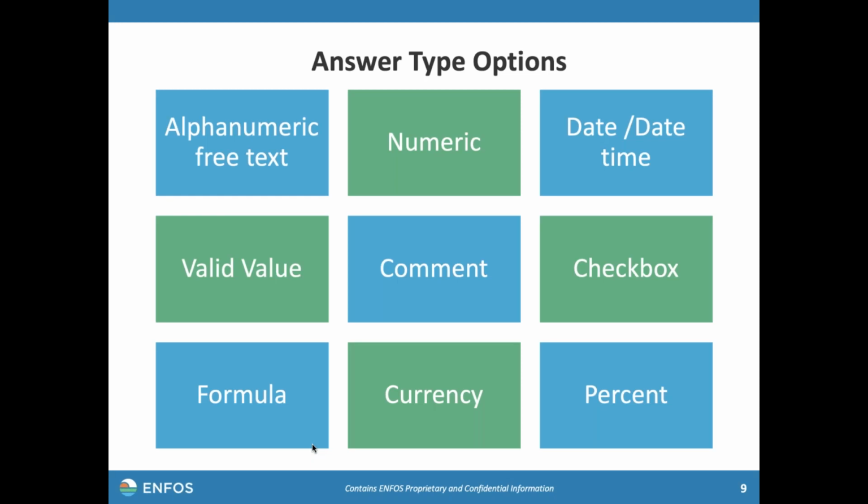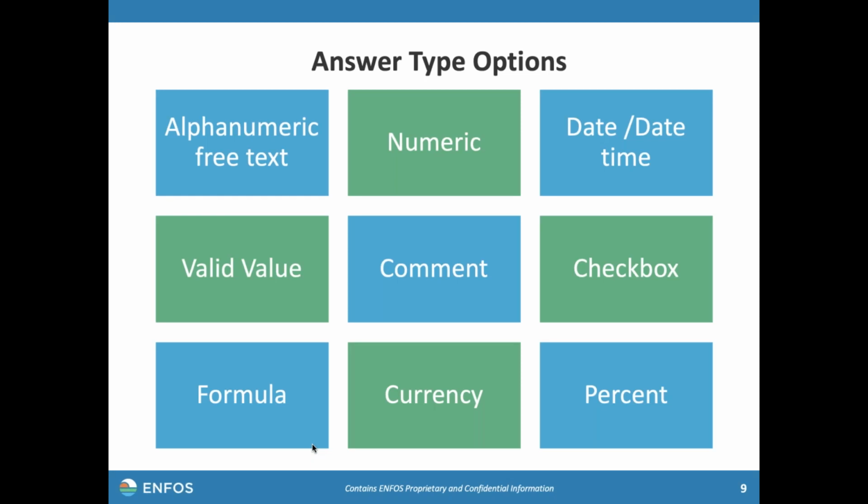The answer type defaults what option the user sees when answering the question, and this really helps control the type of answer the user can submit. And it helps with the data quality. If I want a date, I set the answer type to date or date and time, and that's all that's accepted, right? So I don't have to worry so much about data cleansing because I'm configuring what my answer type is when I create this field or record.